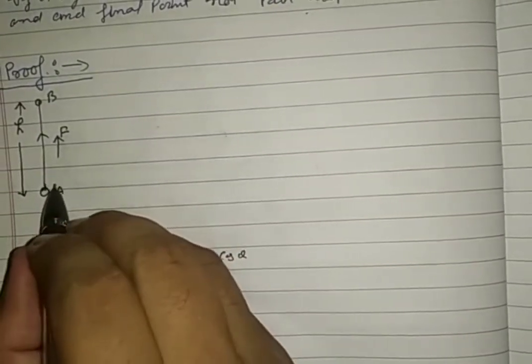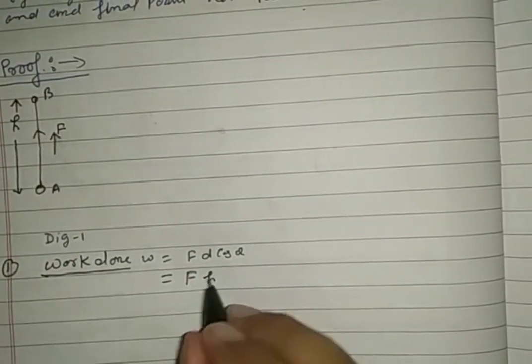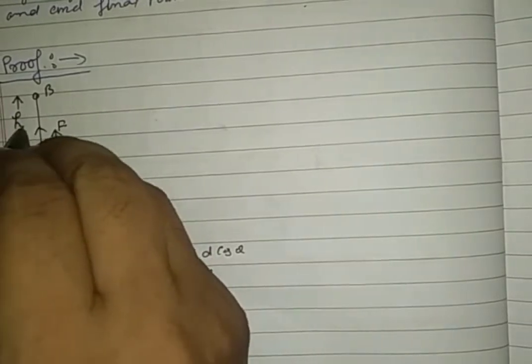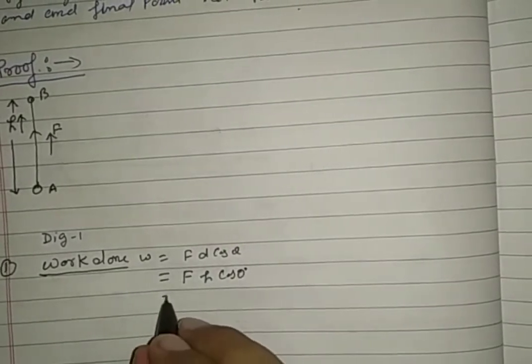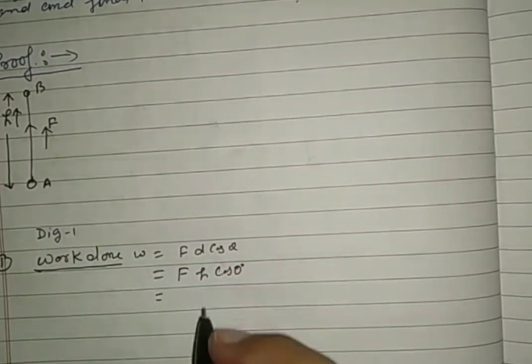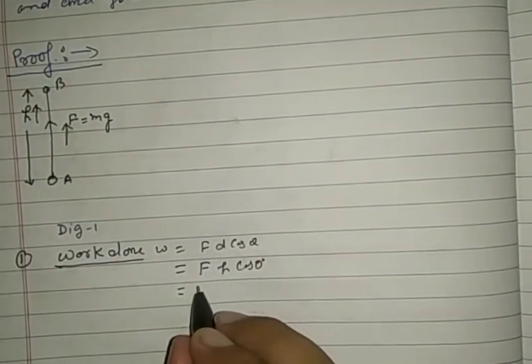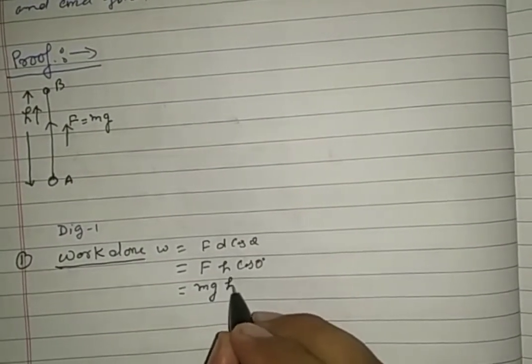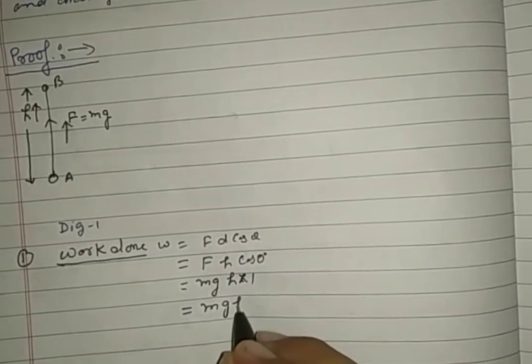Here in this case, the applied force is F, displacement is h, and force and displacement h are in the same direction, so the angle is 0 degrees. Since the applied force, whatever force is applied to move upward, is equal to the weight of the body, F is mg, h, cos 0 is 1, so it is mgh.